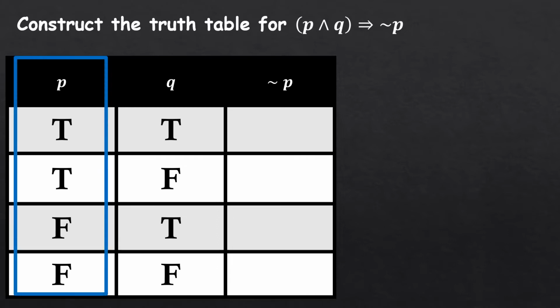So we only look at the P variable. First row, we have the truth value as true, so the negation of P will become false. Next row, the truth value is true, so the negation of P is still false. The negation of false is true. Lastly, the negation of false is true.